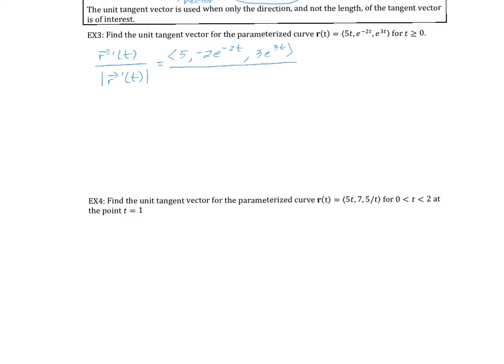When I compute its magnitude, it's going to be the square root of 5 squared, so that's 25, plus negative 2e to the negative 2t squared. I've got to figure out what that is. Plus 3e to the 3t squared, all underneath this square root.